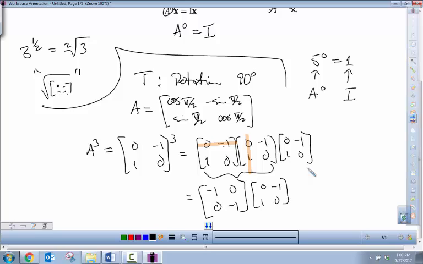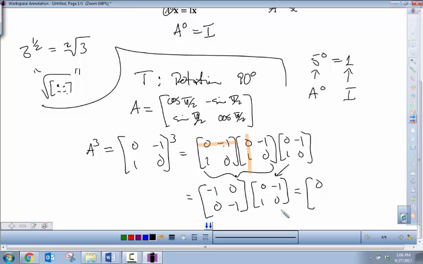Okay? So that's these 2 matrices. Now let's get that third one into it, and now let's multiply these 2 new matrices. This is A squared times A, that makes A cubed. And so the first row, the first column, and that's 0.